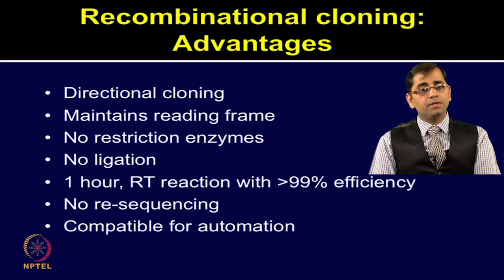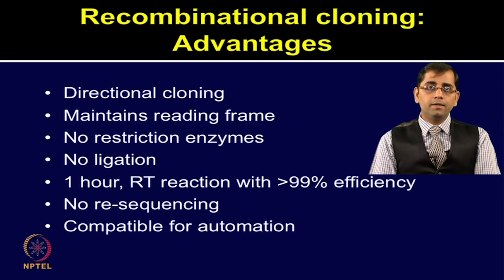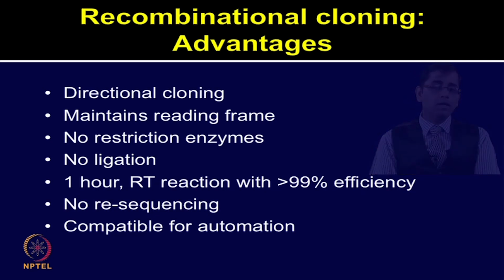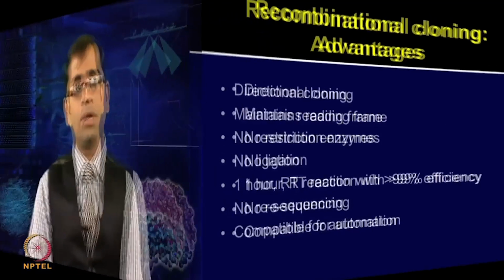The 1 hour reaction at room temperature increases the efficiency close to 99%. Once the reactions are done successfully, there is no need to do resequencing. It is very accurate and the system is compatible for automation for high throughput experiments.